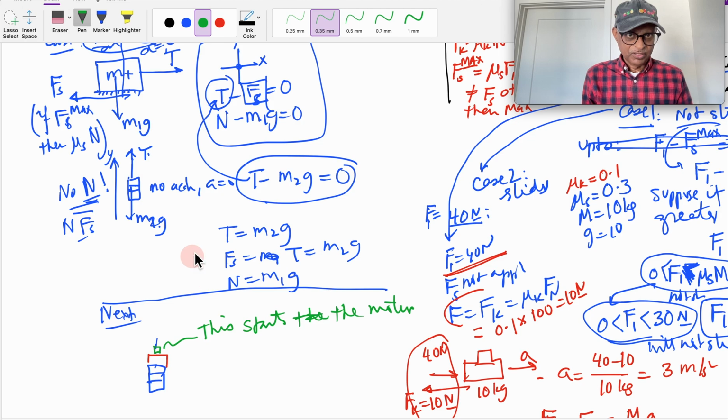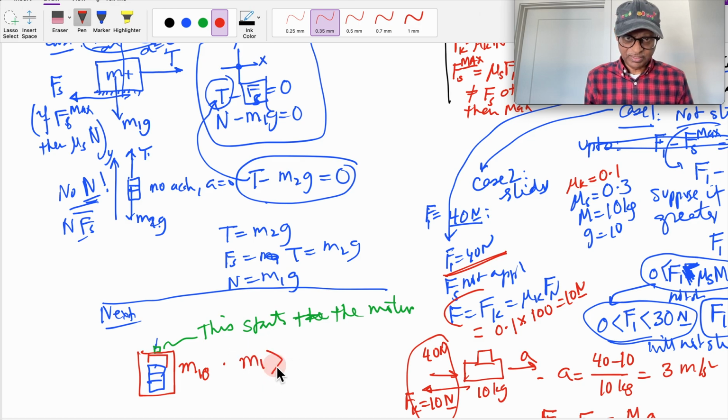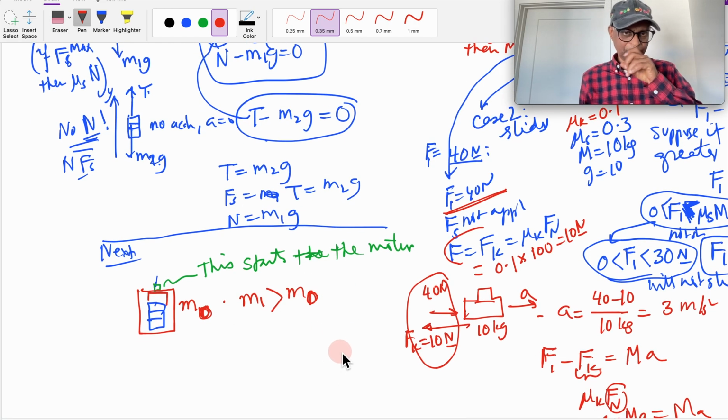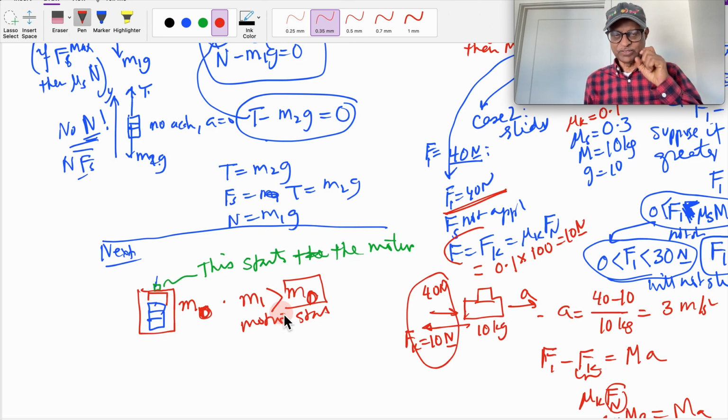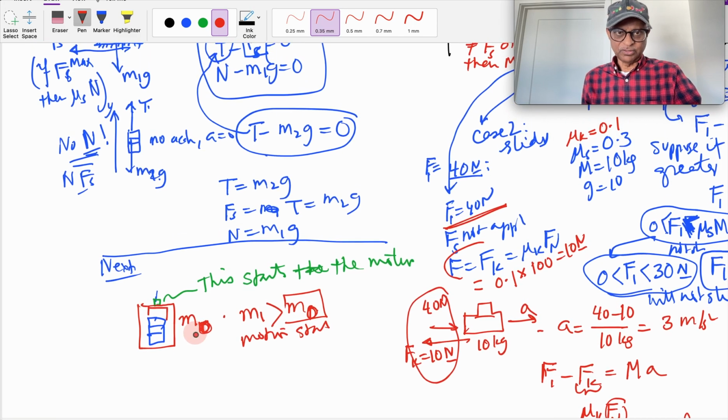So up to here, no motion. Up to here, let's call it M0. Anything greater than M0, motion starts. So this is like my max, the most I can put in before it starts to move.